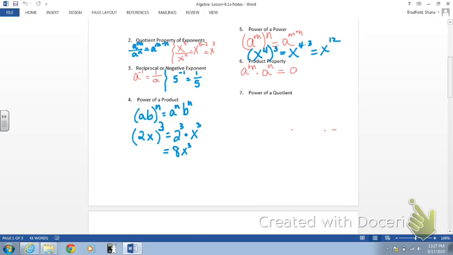So that's a to the m plus n. So it's the opposite of what we did in division. When you have division, you subtract the exponents. When you have multiplication, you add the exponents. And then an example would be x to the third times x to the second would be x to the 3 plus 2, which is x to the 5th.